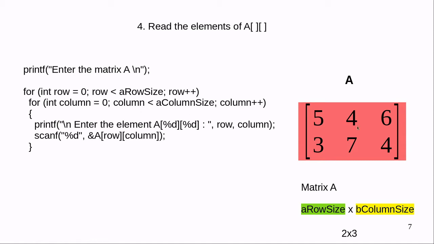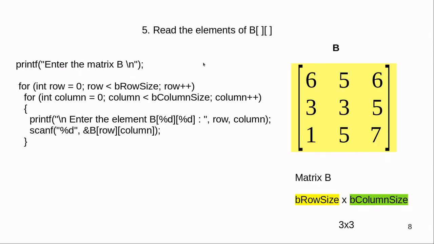With these two loops we can iterate to each position within a matrix, and then we prompt the user to enter the element in a particular position. In this case it will be A00, A01, A02, A10, A11 and A12. So 6 prompts will be there, the user will enter 6 numbers, and they get stored in 6 different locations of the array A.